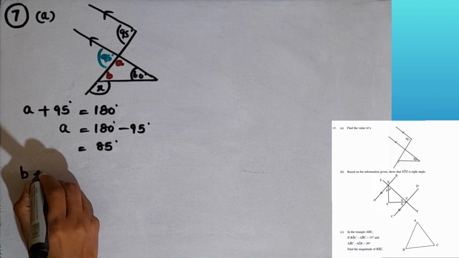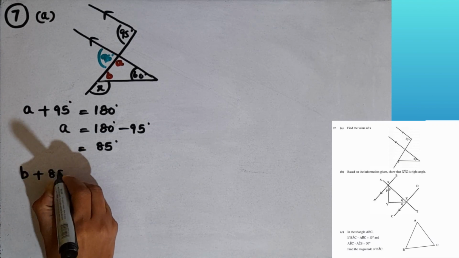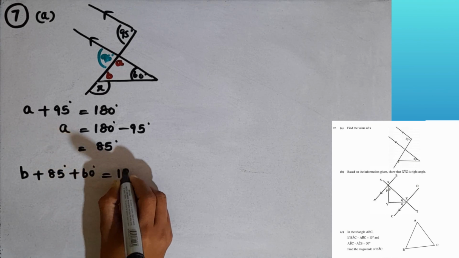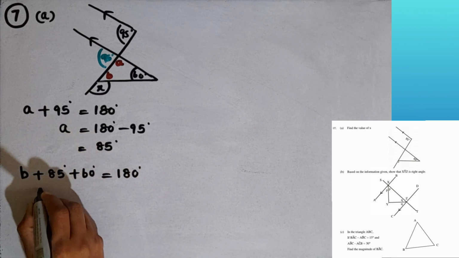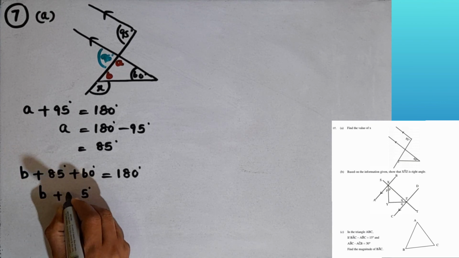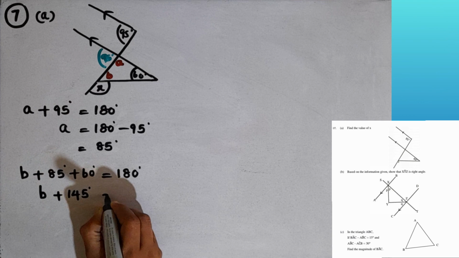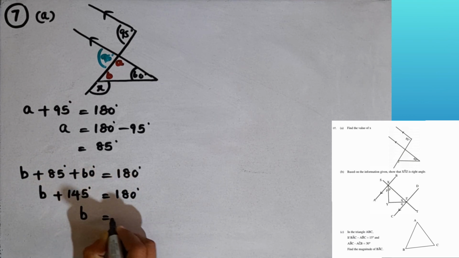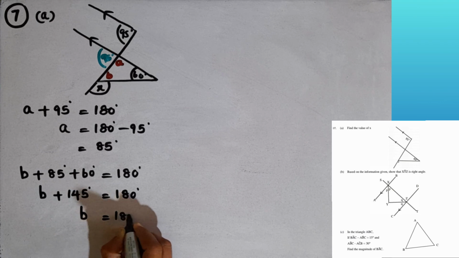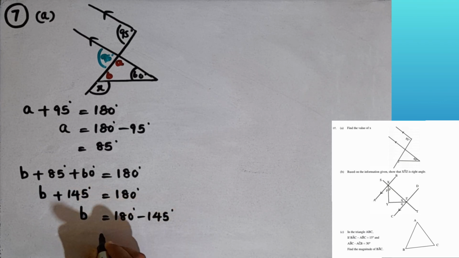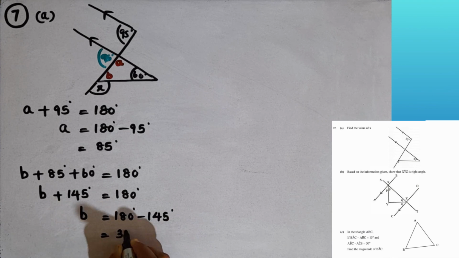B plus 85 plus 60 is equal to 180 degrees. B plus, the addition here is 145 equal to 180. Then B equals 180 minus 145. That is 35 degrees.